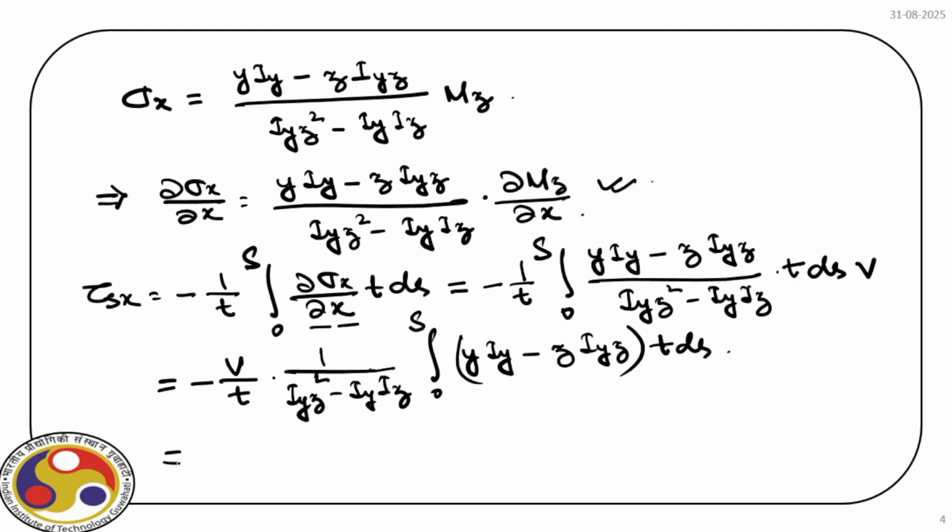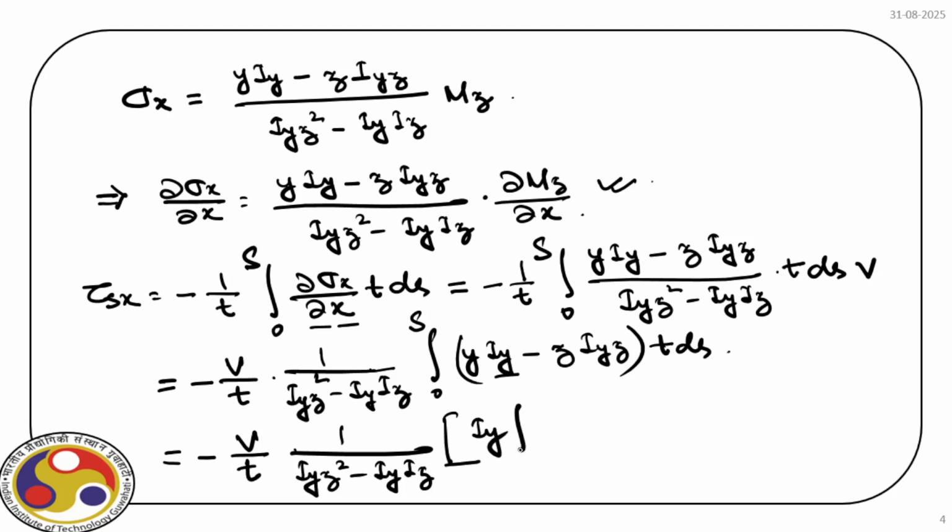So we can further simplify this expression: minus V by t, then 1 by Iyz square minus Iy Iz, and then we can open this bracket, so we have Iy integral 0 to s y t times ds minus Iyz integral 0 to s z t times ds.